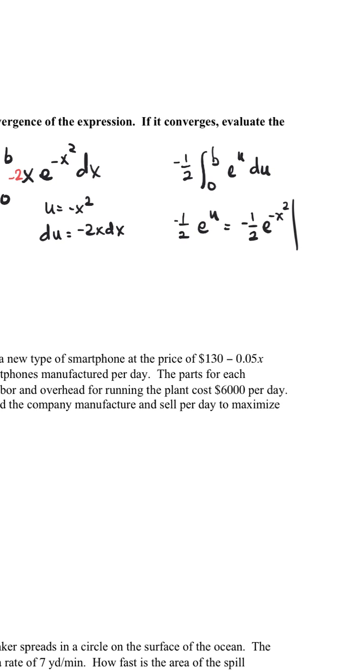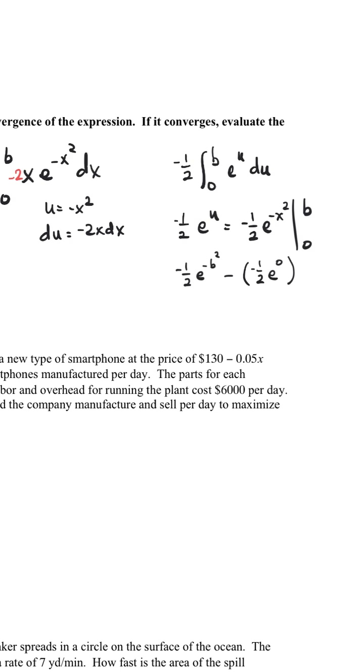We're going to evaluate that from 0 to b. So that's negative 1/2 e to the negative b squared. That's the antiderivative at the upper bound, minus negative 1/2 e to the 0 power. e to the 0 power is 1. 1 times negative 1/2 is negative 1/2. Subtract a negative is plus.